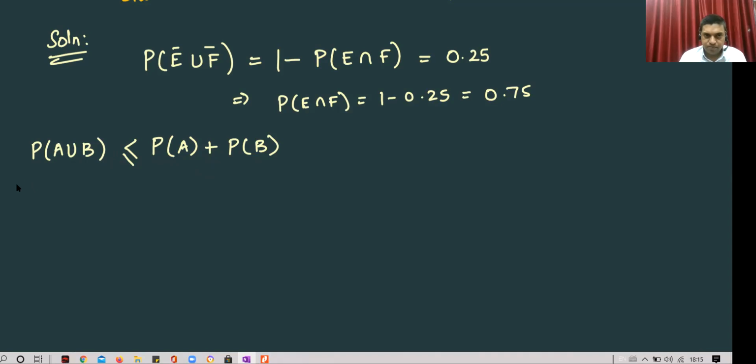When the events are mutually exclusive. Very good. When the events are mutually exclusive, they both will be equal. Otherwise, this will be greater than this.